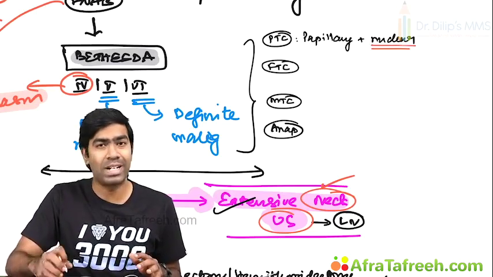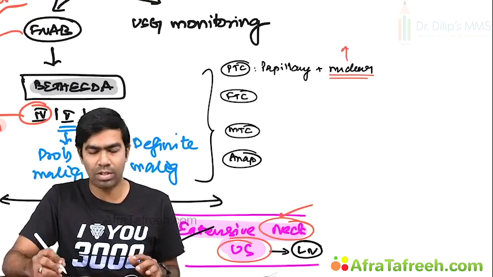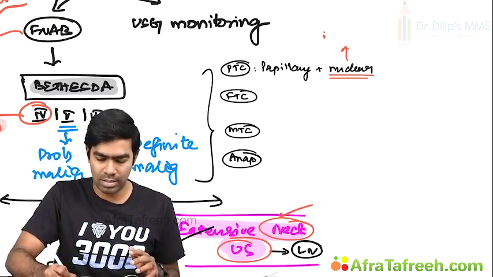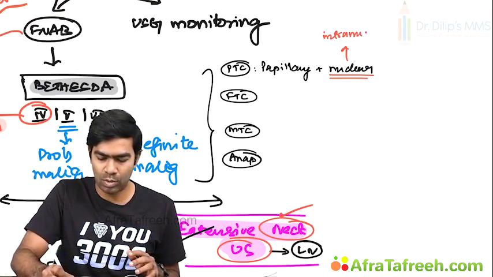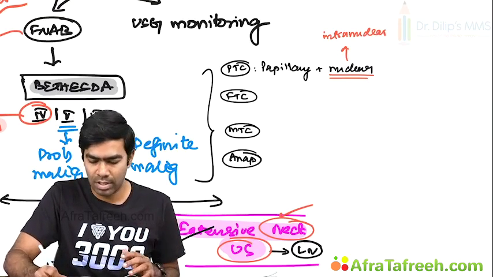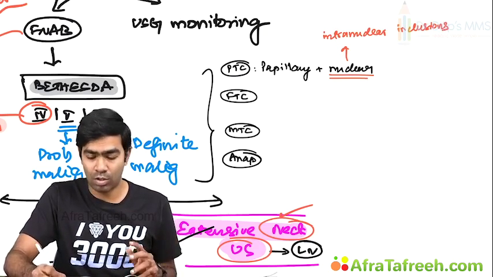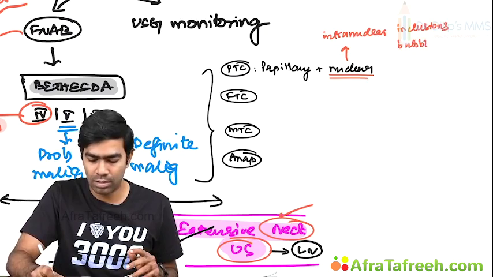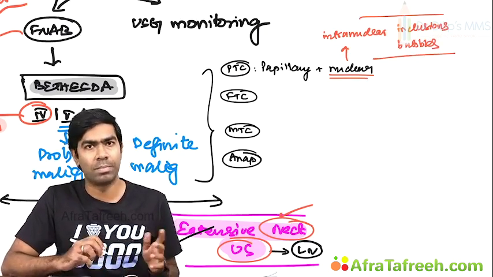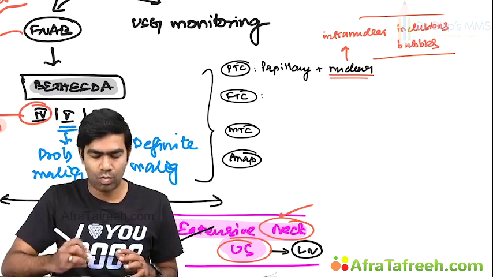The nuclear features of PTC seen in FNAB are intranuclear inclusion bodies. These are mostly eosinophilic. These intranuclear inclusions are also referred to as intranuclear bubbles. This is what is characteristic of a PTC. Then, what about FTC?